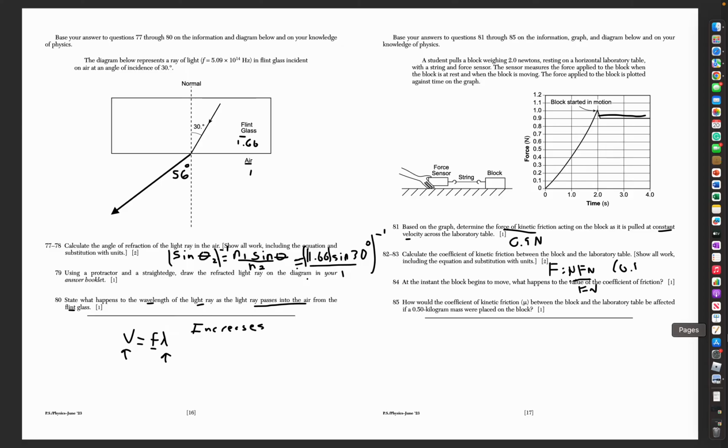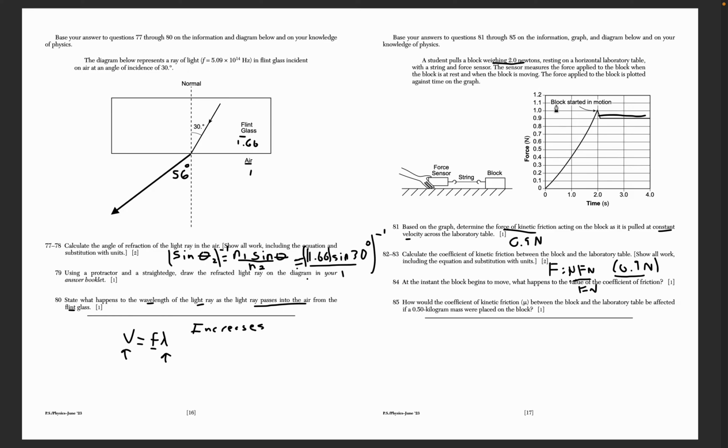So 0.9 newtons divided by the normal force, which is, it's weighing 2 newtons, so mg is 2 newtons.